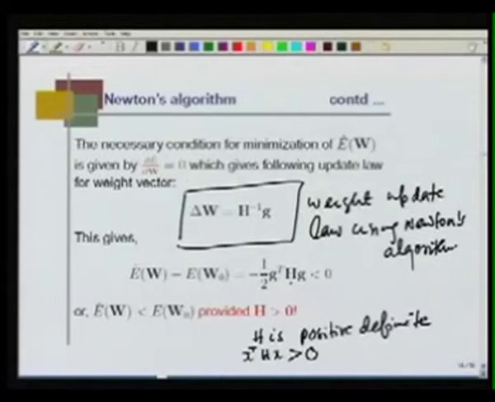Imagine a normal network has at least hundreds of weights. So, W is at least of order 100, so H has a dimension of at least 100 by 100. It is a huge dimension, and inversion is computationally very expensive.